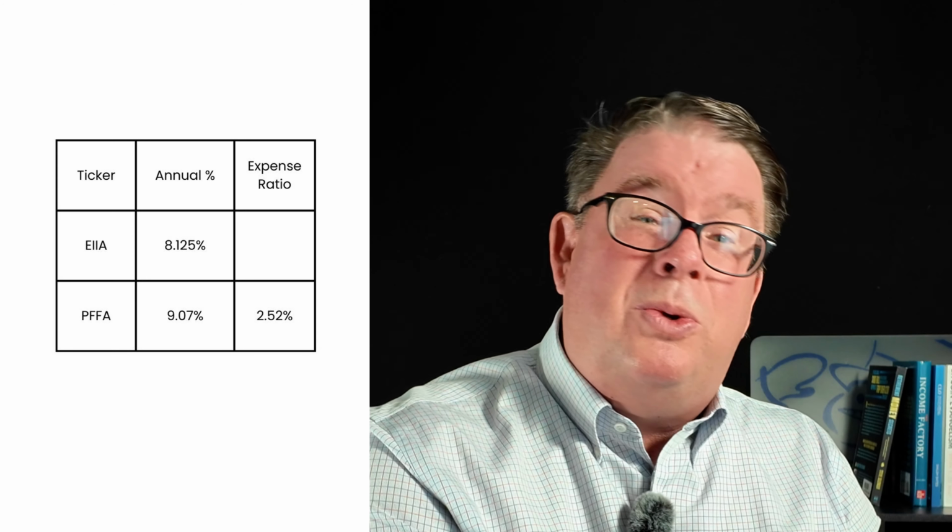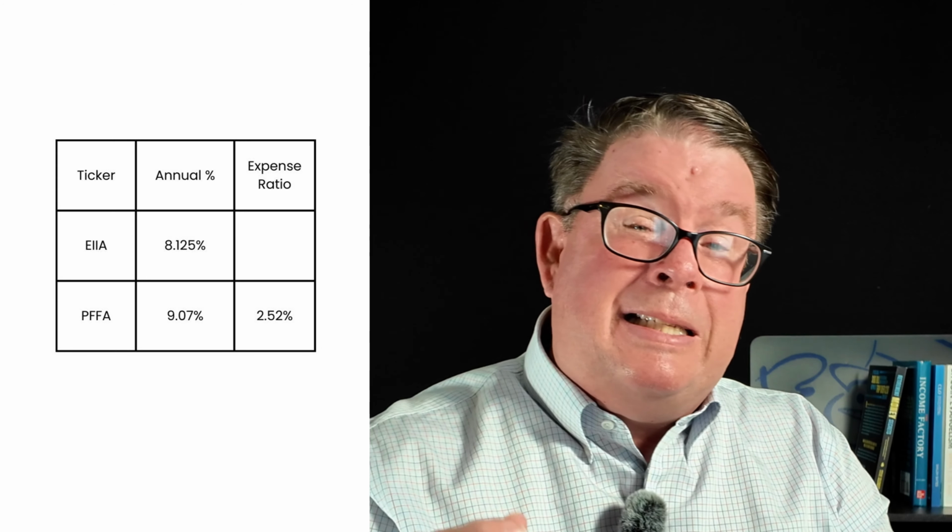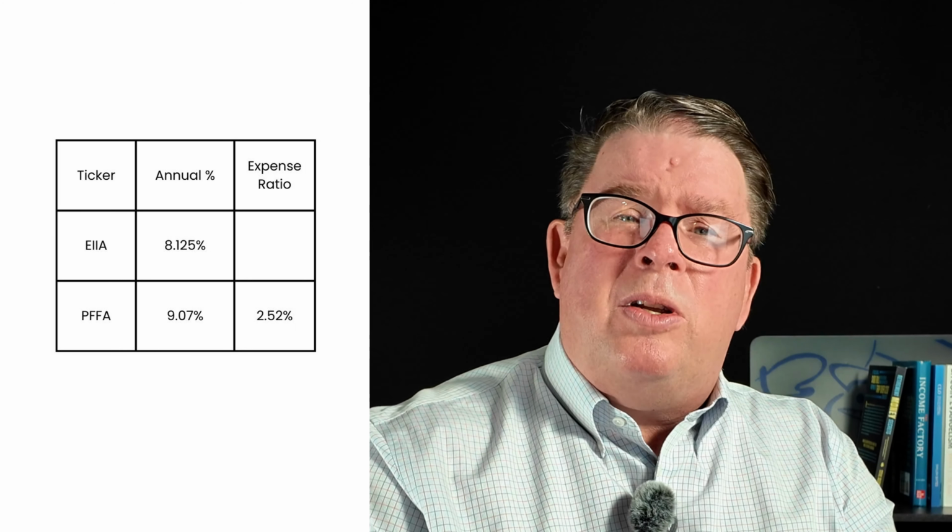Now, EIIA is from Eagle Point Credit Company, the institutional part, something that is not available to retail. This is a preferred stock that is on their institutional side. But this preferred stock is available for everybody to actually own. You don't have to be an institution to buy this institutional stock that goes to Eagle Point Credit Company, which is a CLO company. And I just want you to be aware of that.